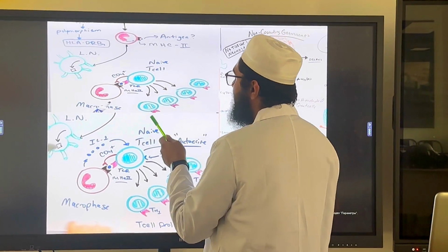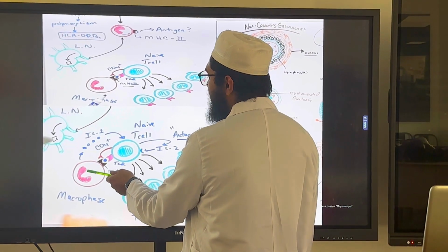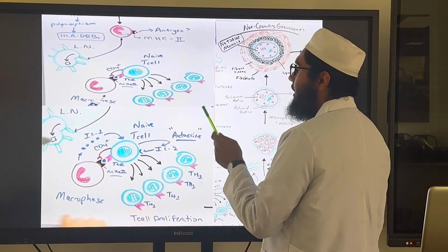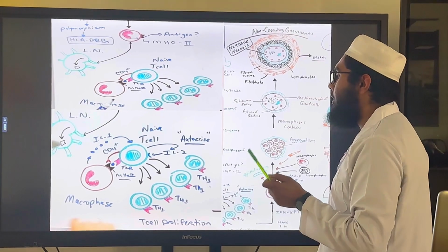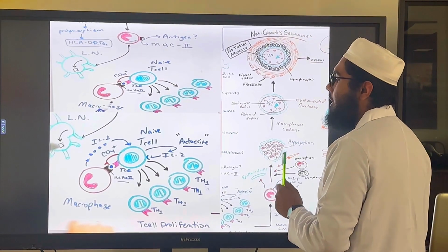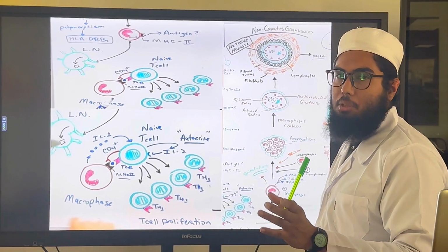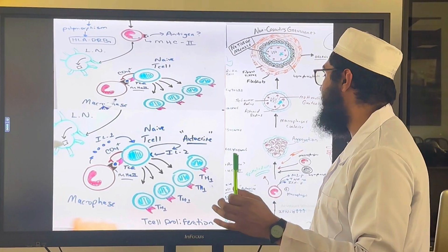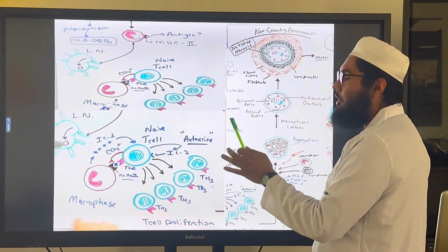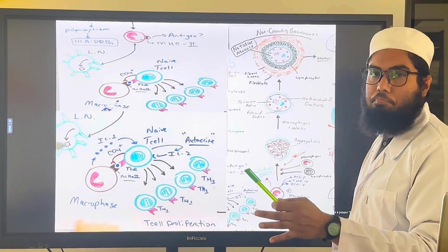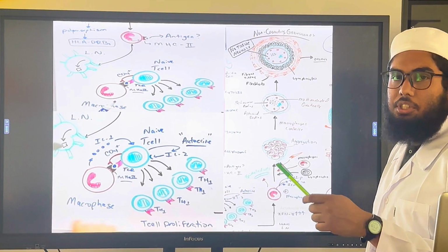Macrophages release the cytokine IL-1, and T cells in turn release IL-2, which is also known as autocrine. With IL-2 release, there is T cell proliferation. In T cell proliferation, Th1 cells are released. After T cell proliferation, they leave the lymph node.